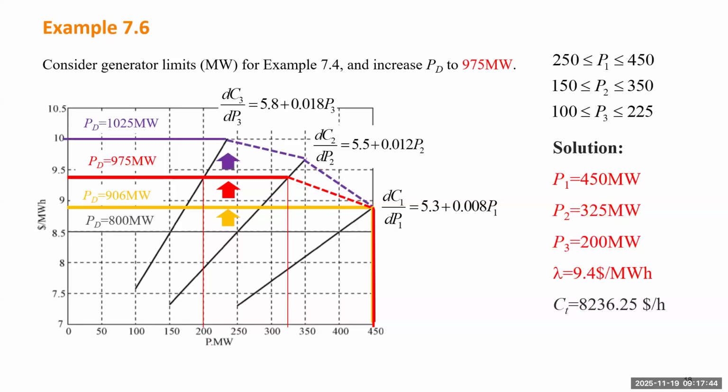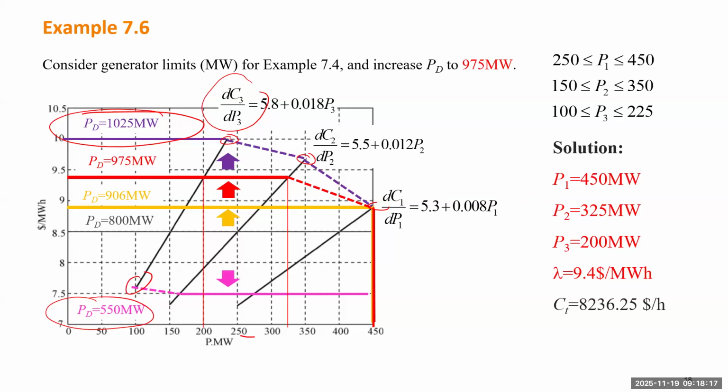If you further increase the load, finally unit 1, unit 2, and even unit 3 can reach their limit, right? So the highest load this system can handle without violating the limit will be 1,025 megawatt. You can also decrease the load. For instance, if you decrease the load to 550, the more expensive one, unit number 3, will reach the lower limit.